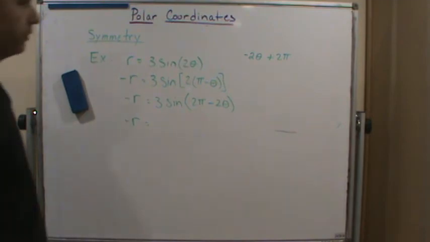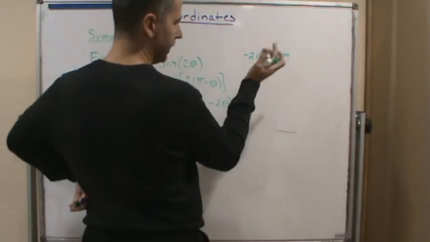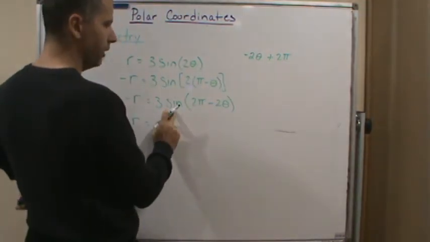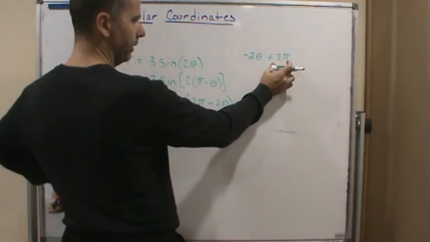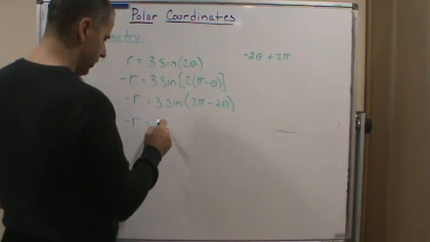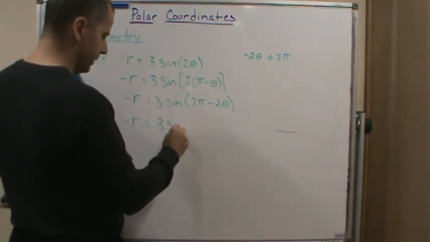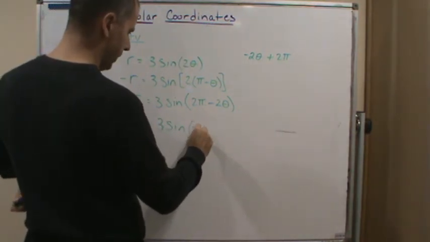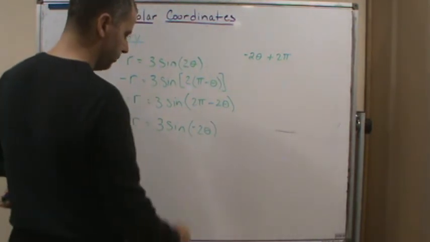Because I'm just doing one revolution, right? Sine has period 2 pi, so every 2 pi it's going to give me the same thing. So this is going to be equal to 3 sine of negative 2 theta.